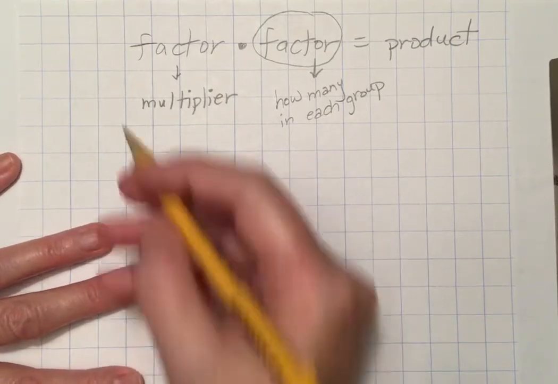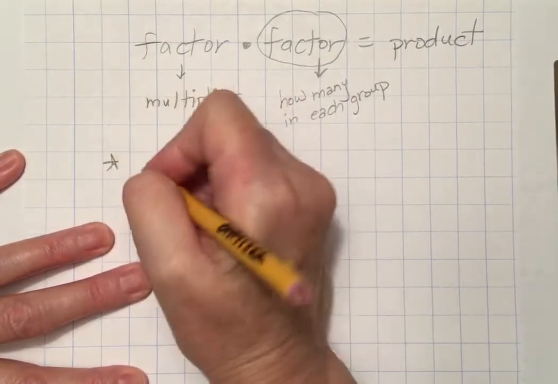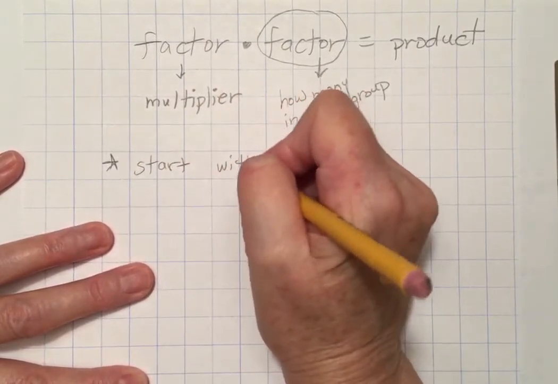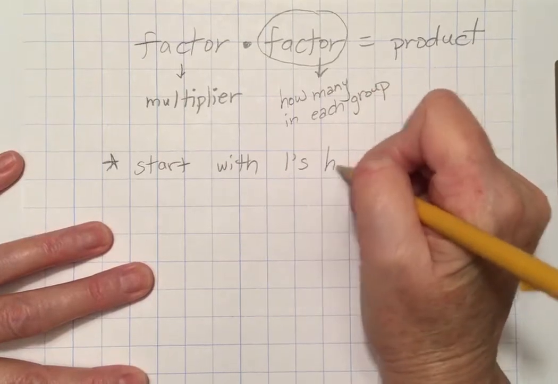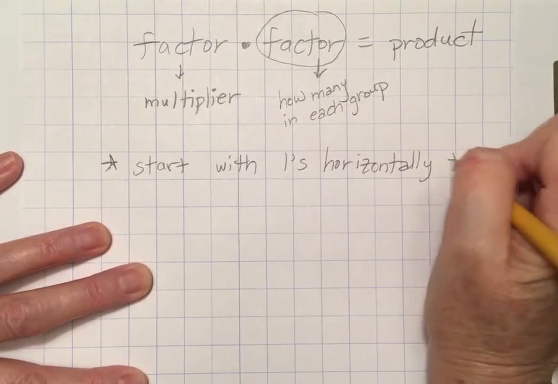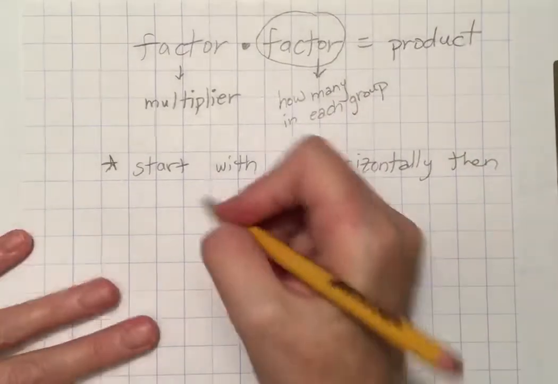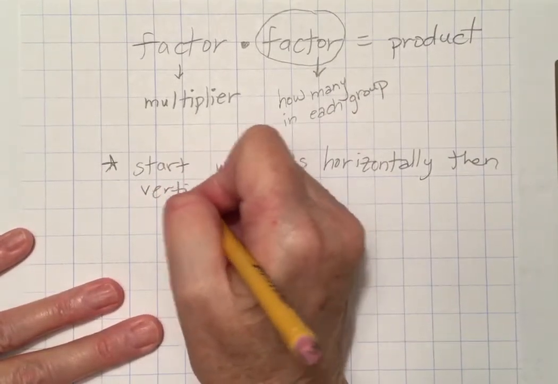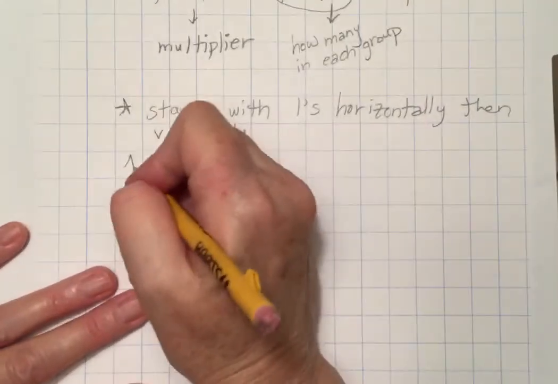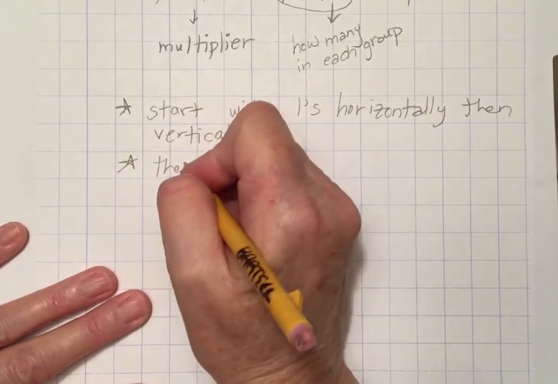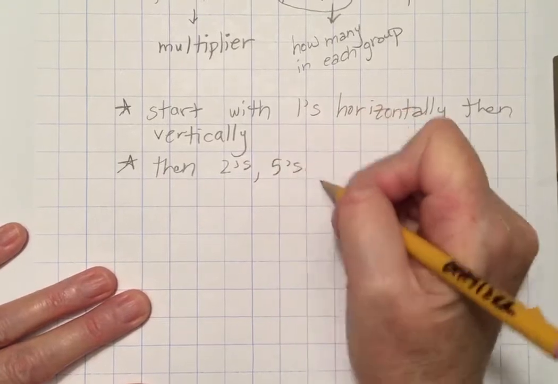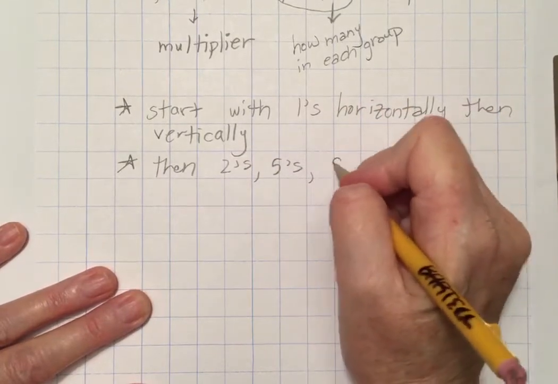Here we go. So I always have the kids write, start with ones horizontally, then vertically. And the next sentence I make them write is then twos, fives, nines.